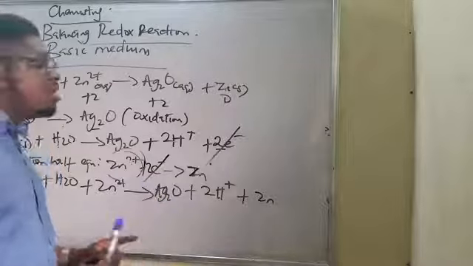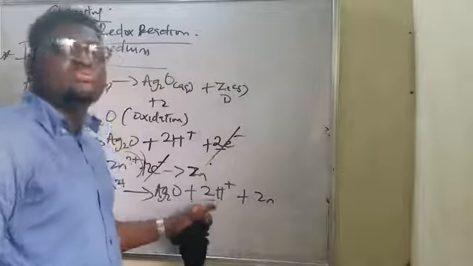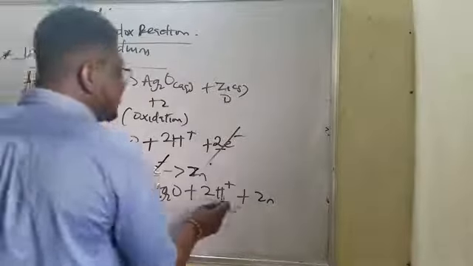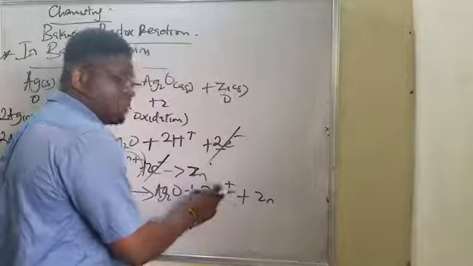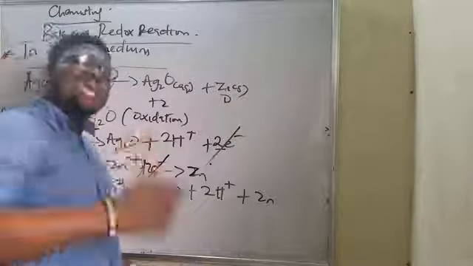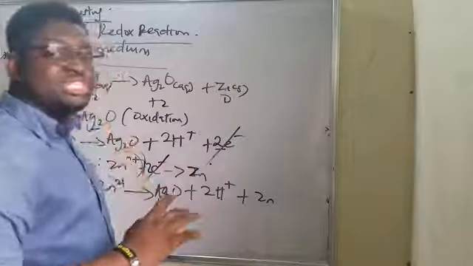You add the appropriate number of hydroxyl ions to balance your hydrogen proton so that water can be formed. What do I mean? Because I have 2 moles of hydrogen proton here, I am adding 2 moles of hydroxyl ion on both sides of the equation. That is what changes it to be basic.